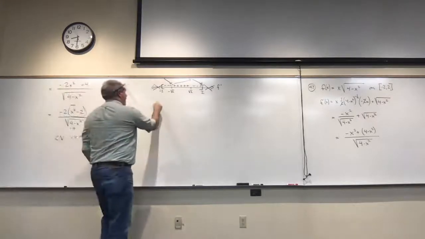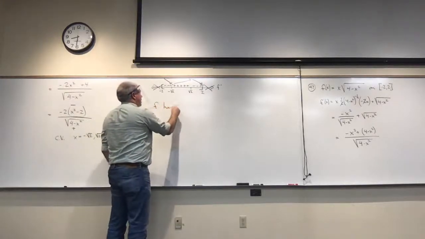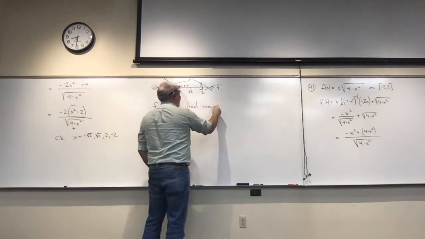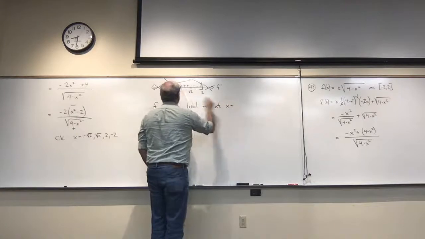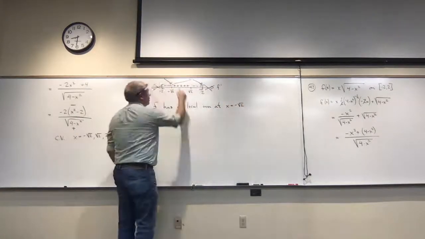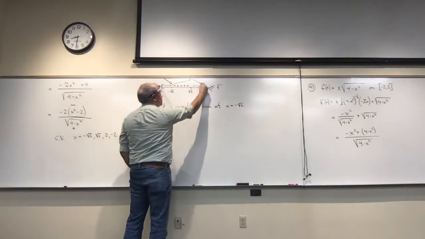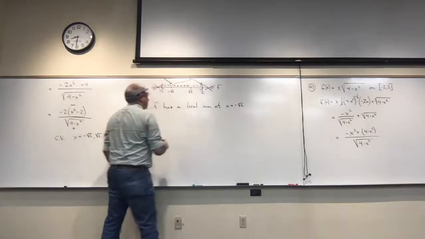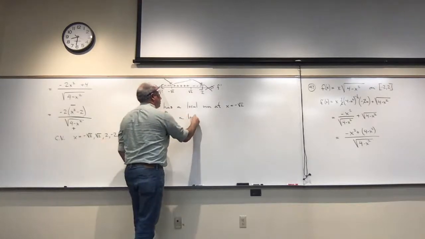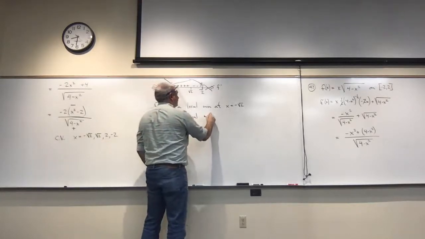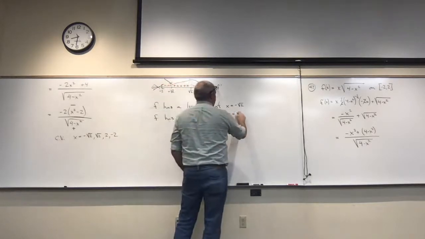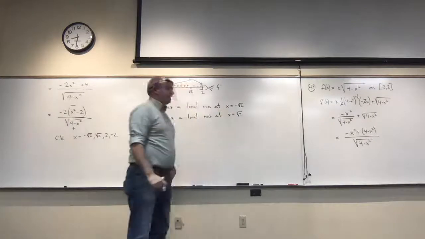So I can say that F has a local minimum at x equals negative root 2. And then here we see it's going up and then it turns and starts going down at the square root of 2. So F has a local maximum at x equals the square root of 2.